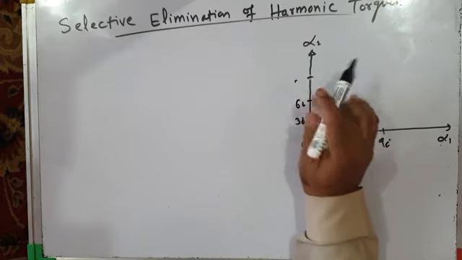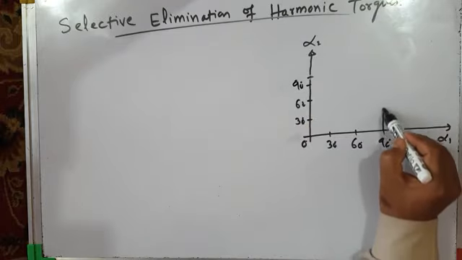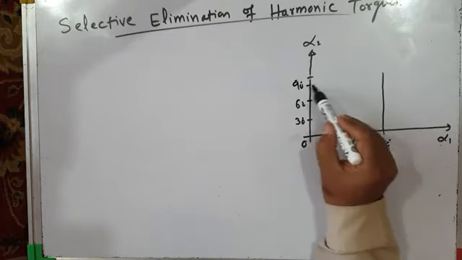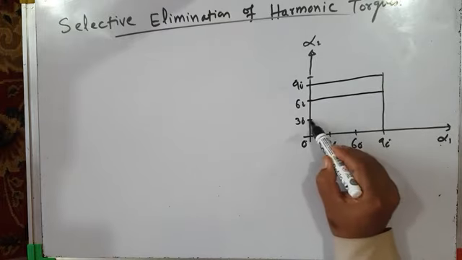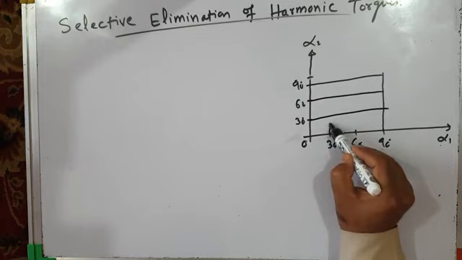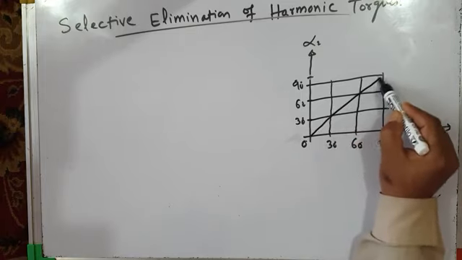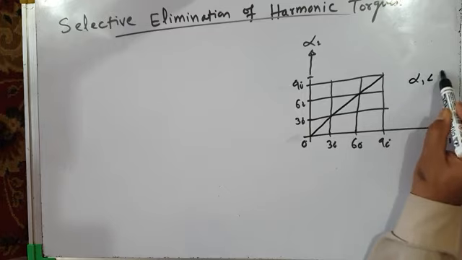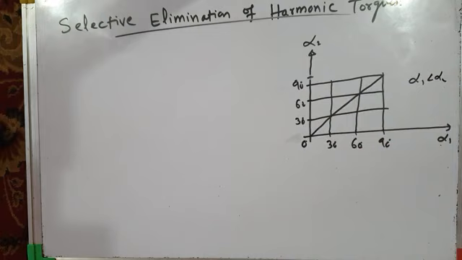Alpha 2 can also not be more than 90 degrees. That's also known to us. And another requirement is that alpha 1 should be less than alpha 2. So this upper triangle is our area of interest.